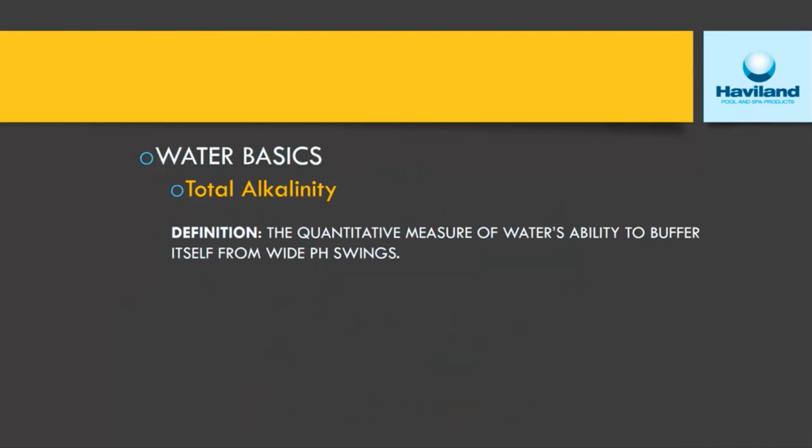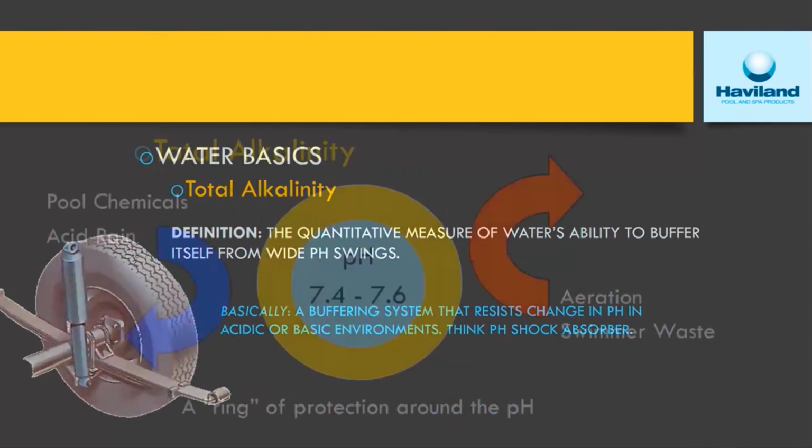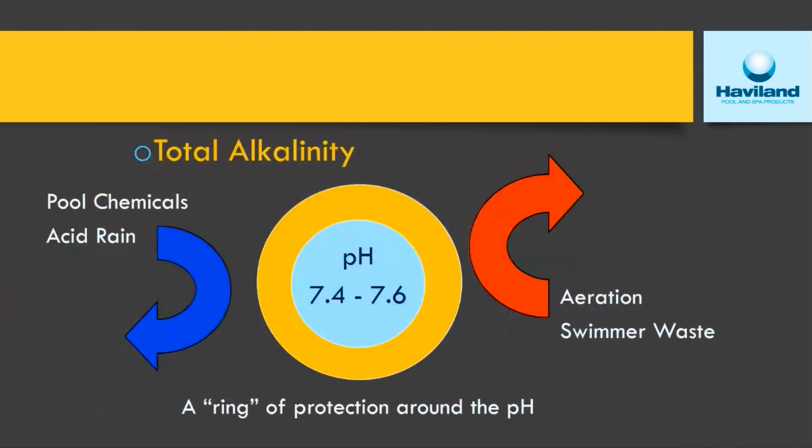So if pH is this mythical scale that we can't see, touch, smell, or taste, total alkalinity is physical, hold in your hand stuff that drives that water quality. A lot of people refer to it as a shock absorber for your pH, right? It keeps things in line. We use this stuff to make sure that our pH stays at a balanced level. Another slide just to give you an idea of what that means.